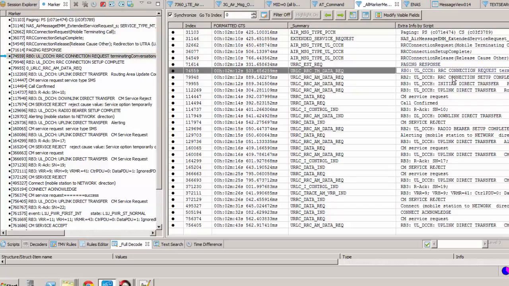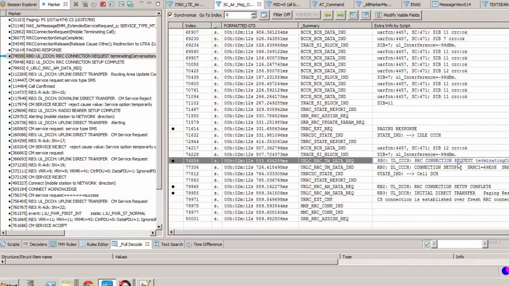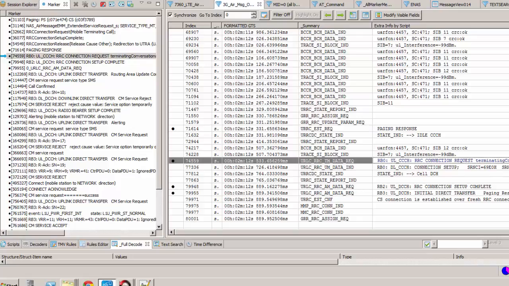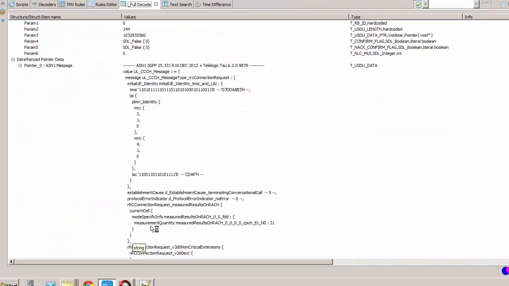After that, in 3G, these are the 3G air messages. After sending the paging response, the UE sends the RRC connection request with terminating conversational call. The UE is now transferring the signaling information between the network and sending the RRC connection request for the mobile terminating conversational call.